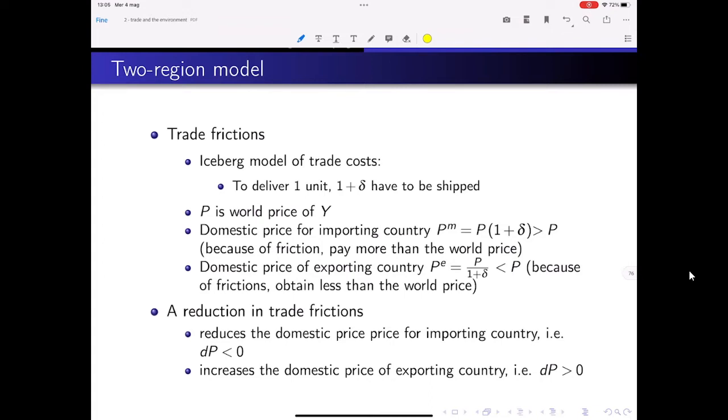This second effect, so the negative effect of pollution because of more exports in the dirty sector, this higher pollution can offset or not the gains from trade effect.